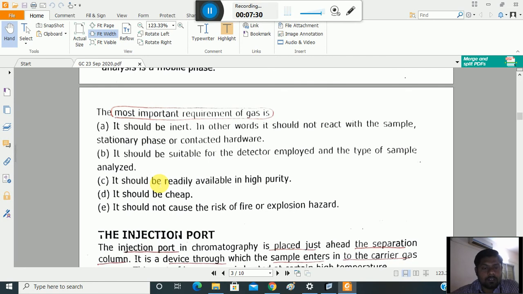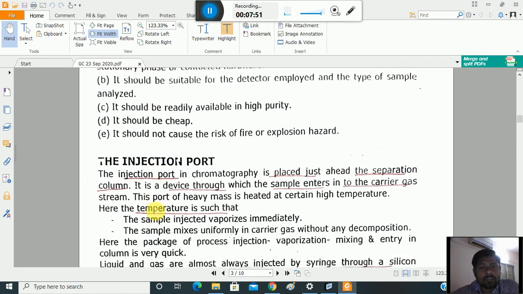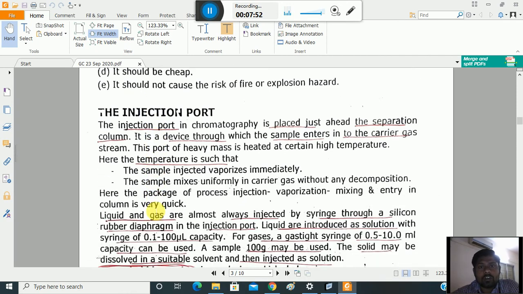Okay, cheaply available, readily available with high purity. It should be cheap. That is the next point. It should not cause the risk of fire or explosion hazard. So those are some important points. Keep in mind whenever you choose the carrier gas in gas chromatography technique. Maybe it is asked as a short question also.